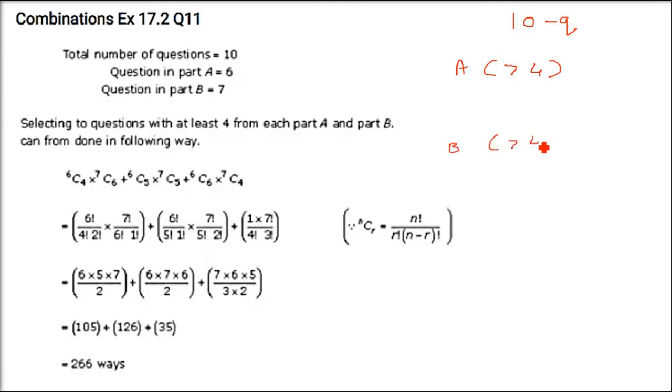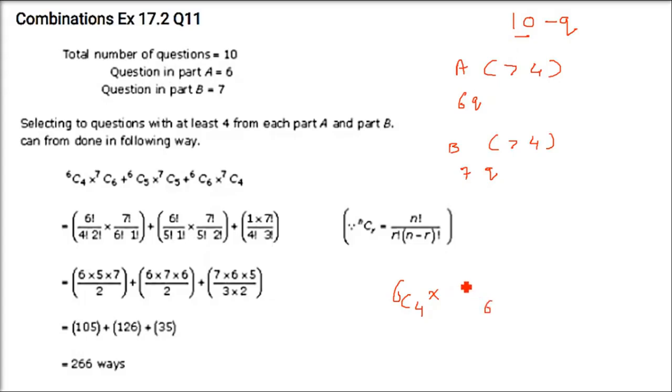And from part B, there are 7 questions, and 6 questions in part A. It cannot be less than 4 in A and B. Now from the 6 questions in part A, we have taken 4.